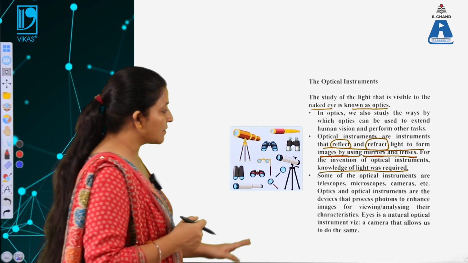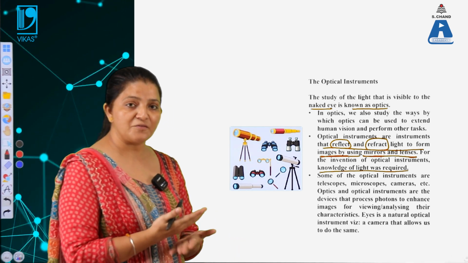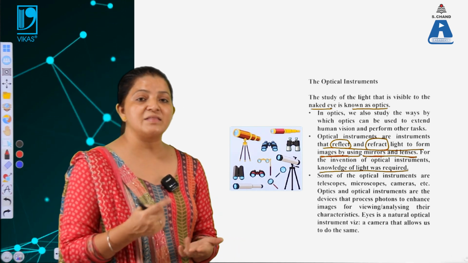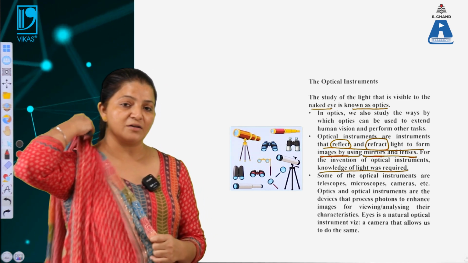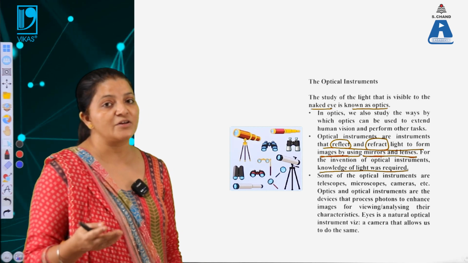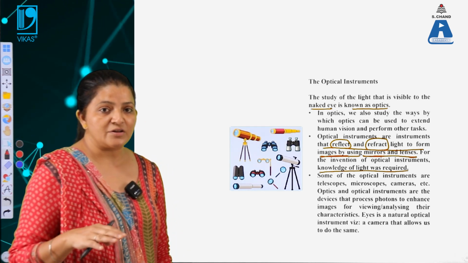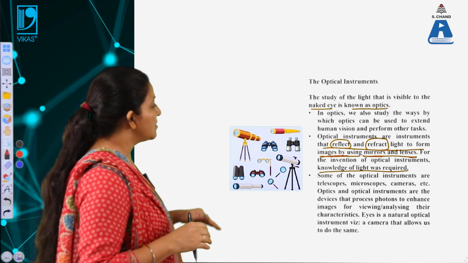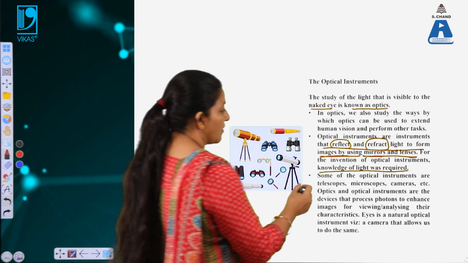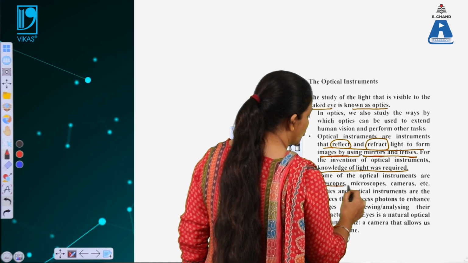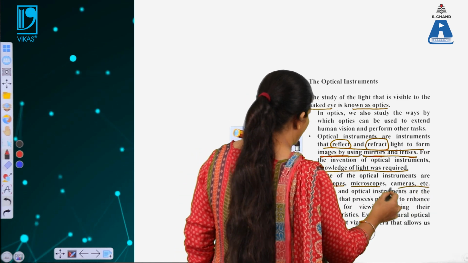What does it mean? We must have knowledge of reflection, refraction, and interference. Interference is of two types, constructive interference and destructive interference, so we are able to see the maxima and minima of the object. Some of the optical instruments are the telescope, microscope, cameras, etc.